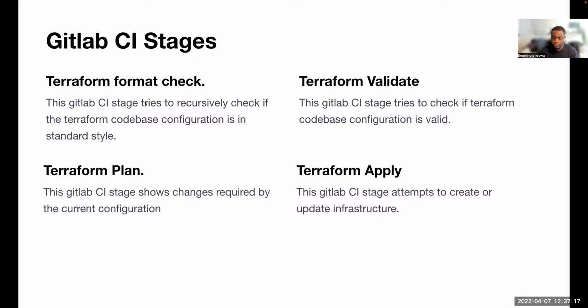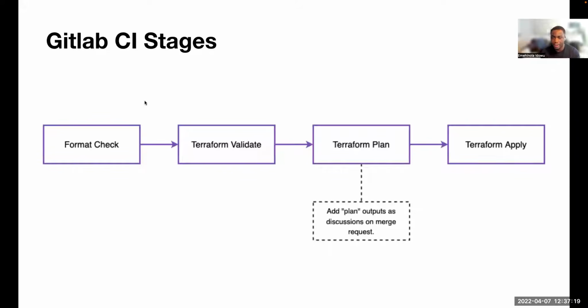To show this in a diagram of our template, the first stage is the format check, and the next one is Terraform validate, which validates our configuration. We also have Terraform plan, and Terraform apply.